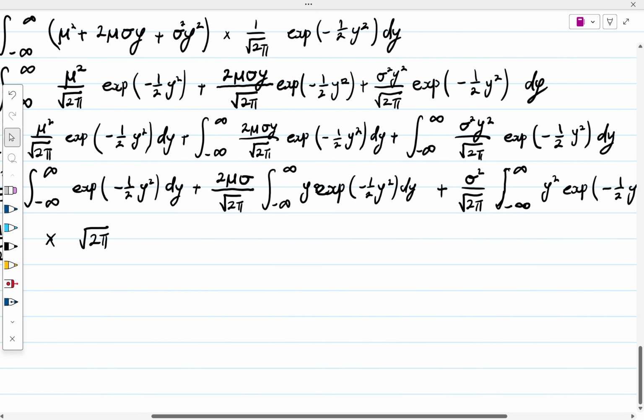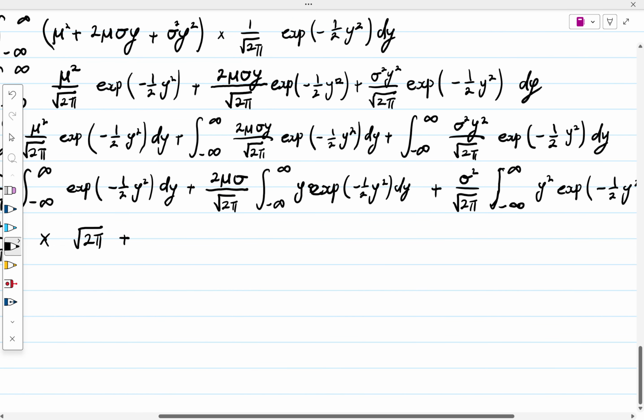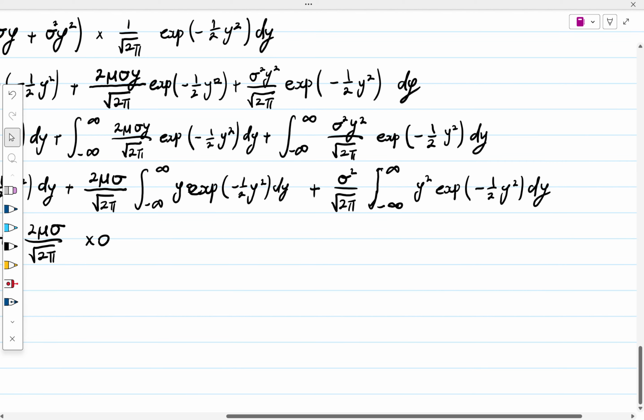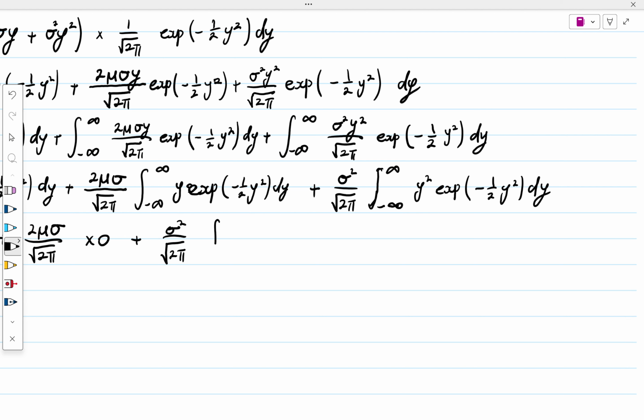So this second half of the expression will simply be 2 mu sigma on square root 2 pi times 0. And this final expression here, well, this might require a little bit of work. So I'm going to leave that as is for now. Square root, negative infinity to infinity of y squared exp negative a half y squared dy.